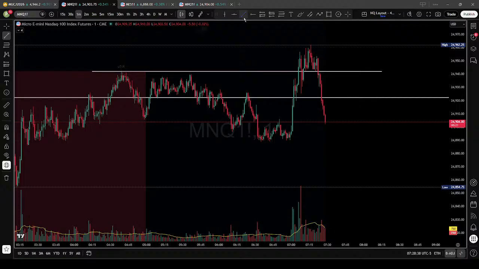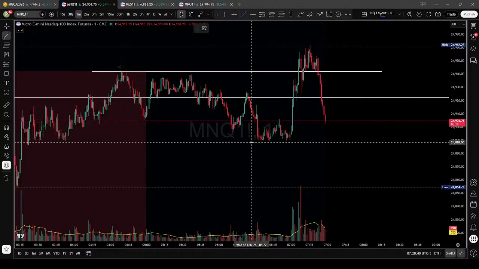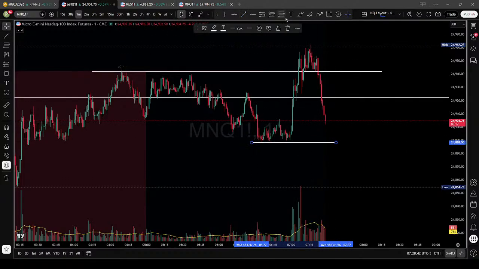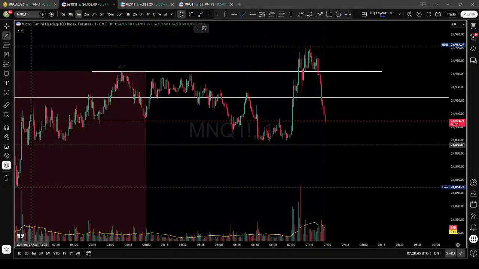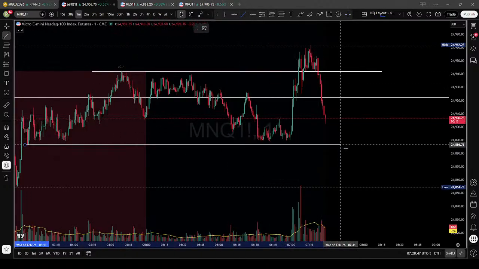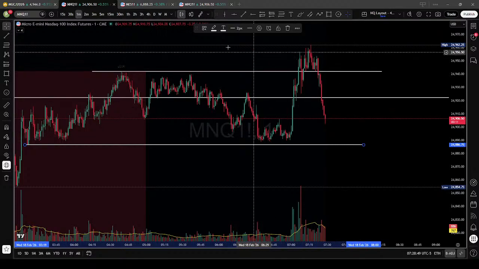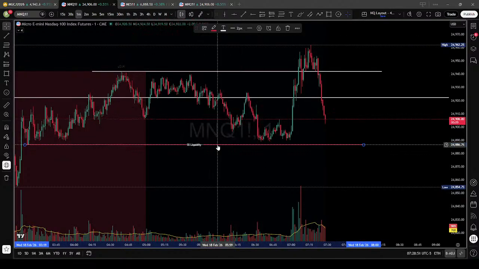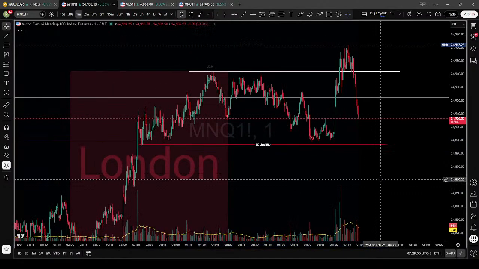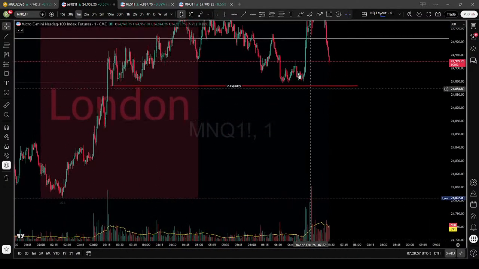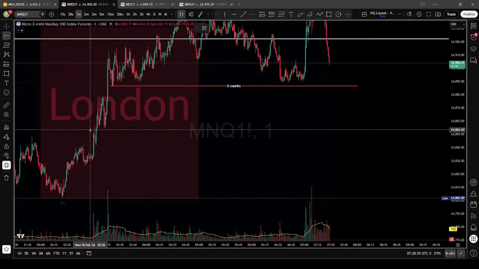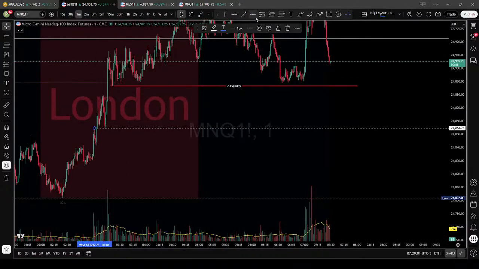Okay, see now these equal lows, relative equal lows, or even if I started from here, these are relative equal lows. So this becomes sell side liquidity. Then we have this level.